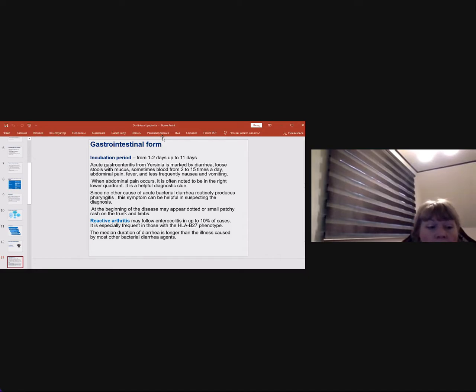It is also very important. And what else? Another characteristic of acute Yersiniosis is prolonged fecal shedding of the organism, even after symptoms have subsided.